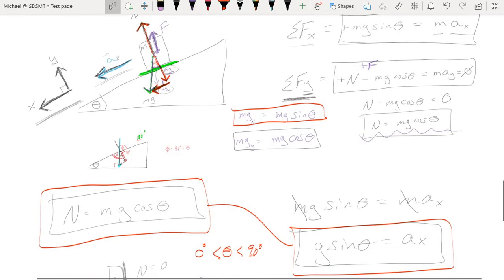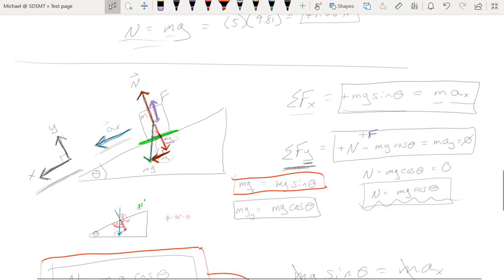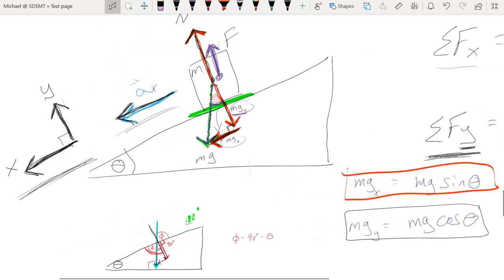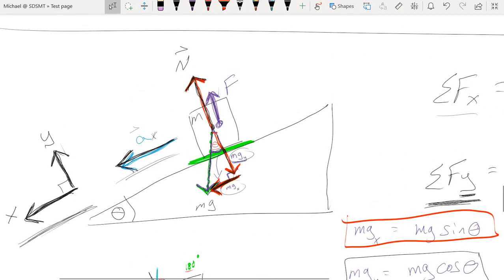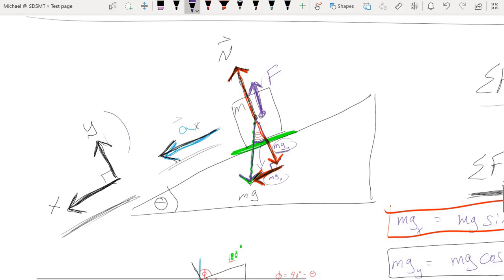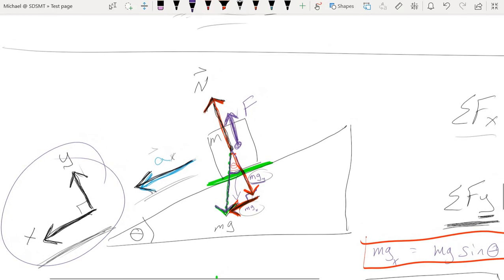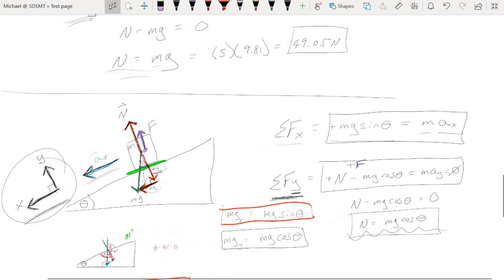And that's going to be the main focus of these next two chapters: drawing out the diagrams, seeing the forces and the accelerations, and taking where everything is pointing, combining them with a reference frame to produce these summations of force.